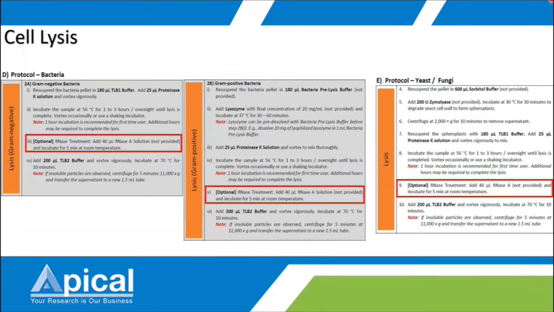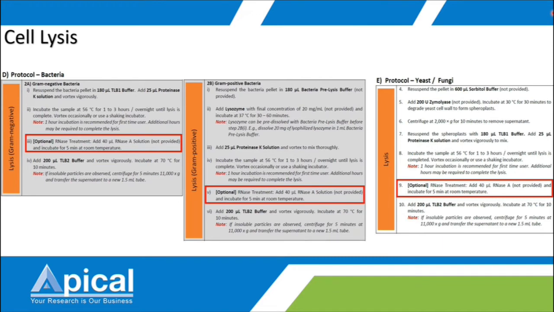RNase, as I believe most of you know, is an enzyme to degrade RNA, and this step is needed if the application needs high purity DNA. But in DNA barcoding, I would say a little bit of RNA will not affect your PCR. So you may choose not to perform this optional step for DNA barcoding application.